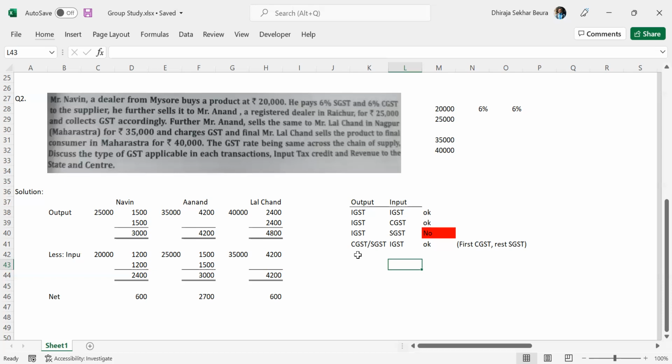Is that clear? Any questions, please? Dheeraj, yes, please. I try to remember it in this way, let me know if this is fine. The state would not like to give away its taxes to the center. So whatever is for the center can be offset with the center's taxes only. Like IGST can be offset with either IGST or CGST. But the state one, SGST, we will not give to the center.